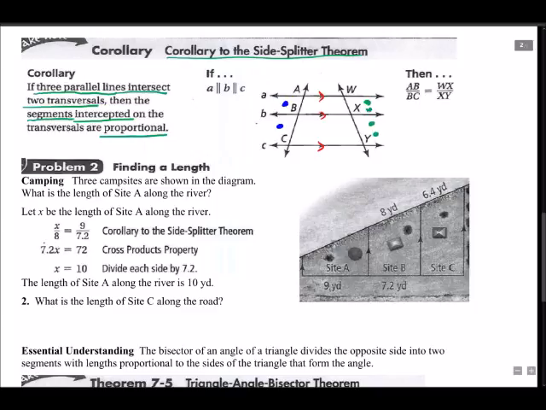So hopefully you can see that this is the same idea, that if these were proportional in a 1-to-1 ratio, just like our last problem, they would be congruent, which would mean every other transversal is congruent. So it should make sense to you, shouldn't be too big of a leap, that if our two segments are proportional, then any other two segments on a transversal cutting through these parallel lines will also be proportional.